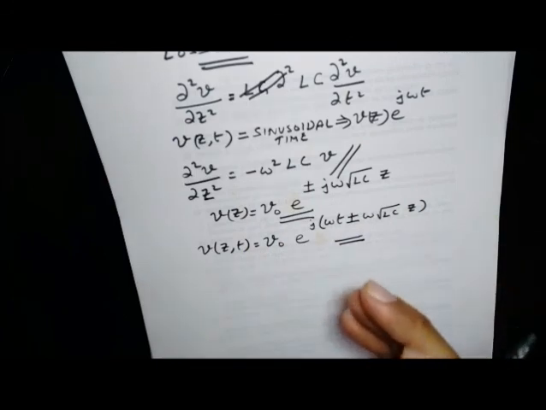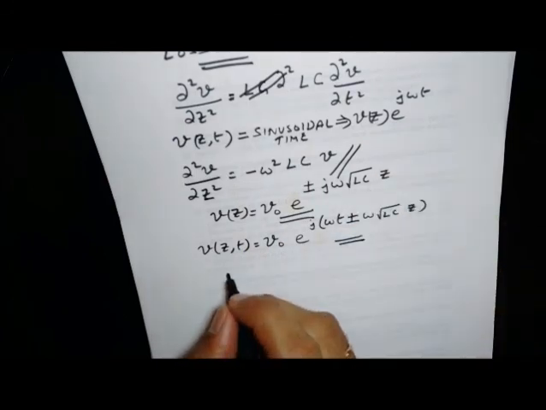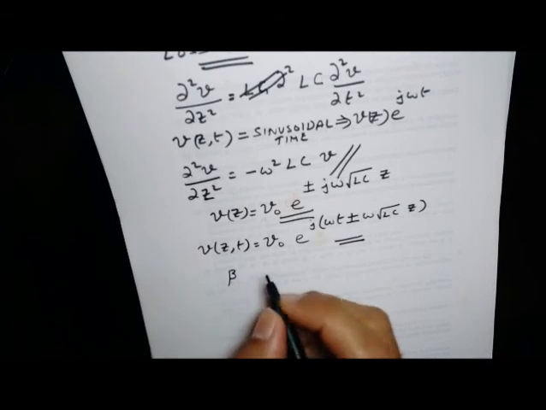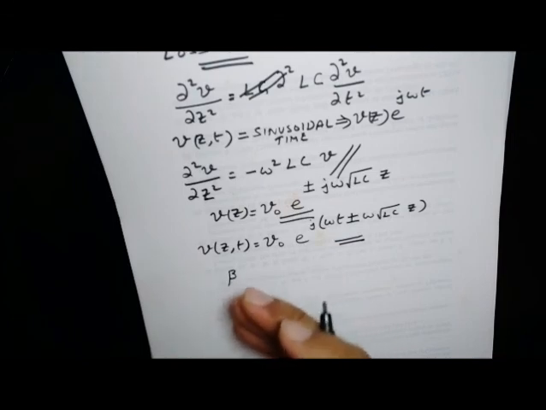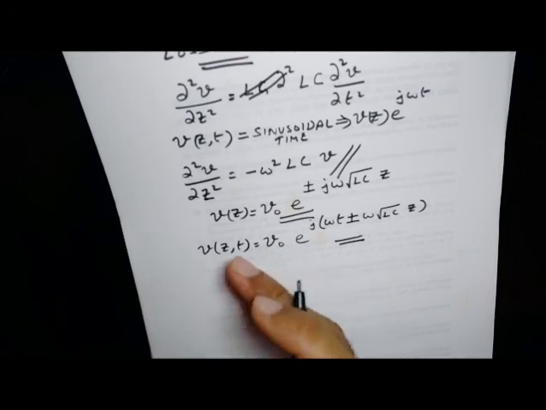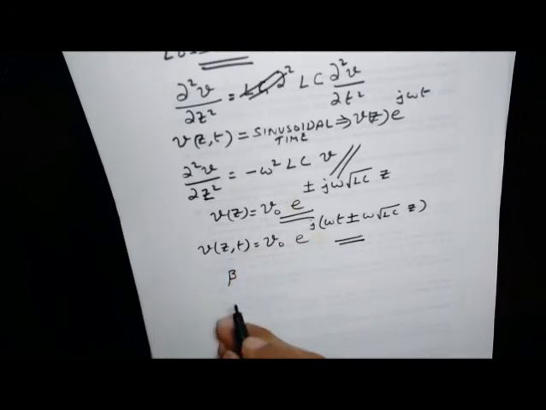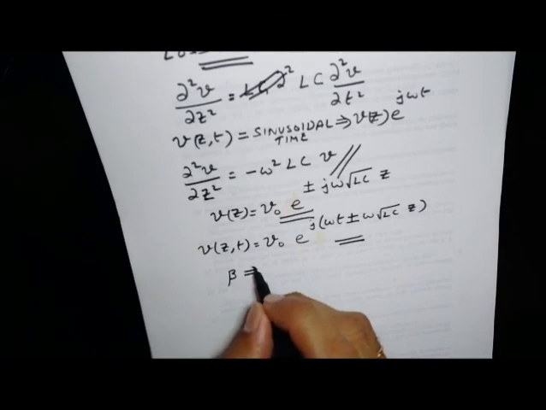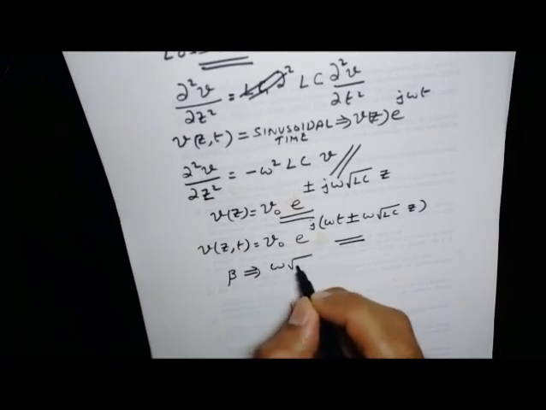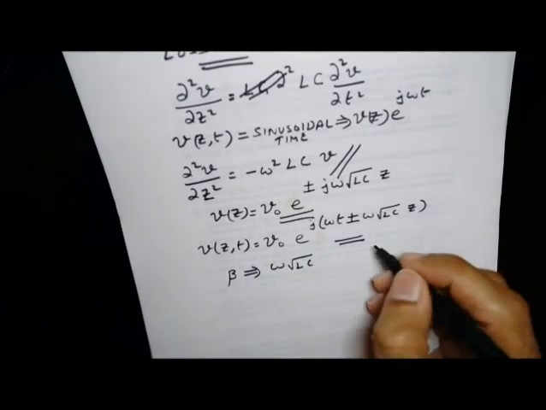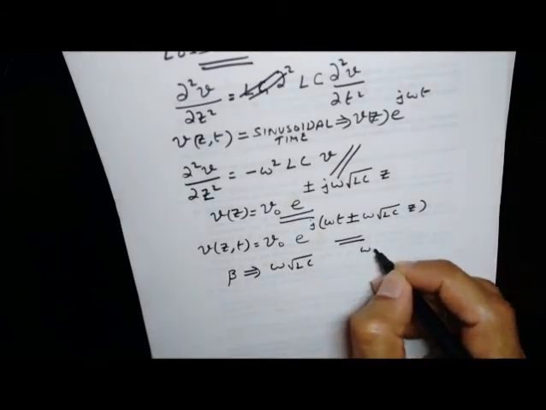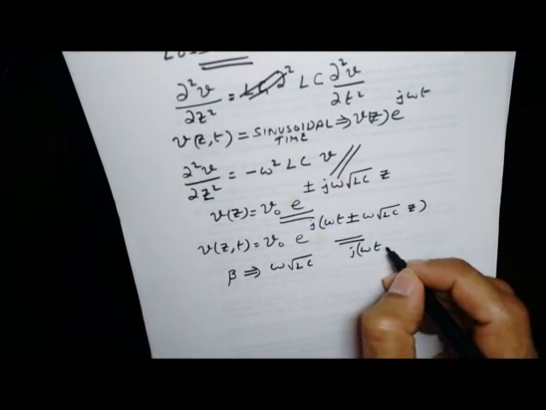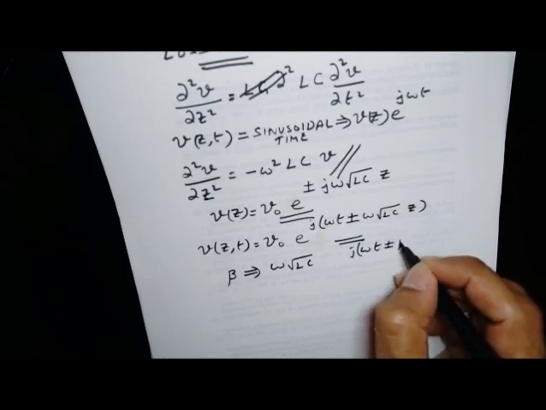If you relate it to that, you see that the role of phase constant, which was played by beta in uniform plane waves, is played here by omega root LC. Because over there we used to have an exponential term like j omega t plus or minus beta z.